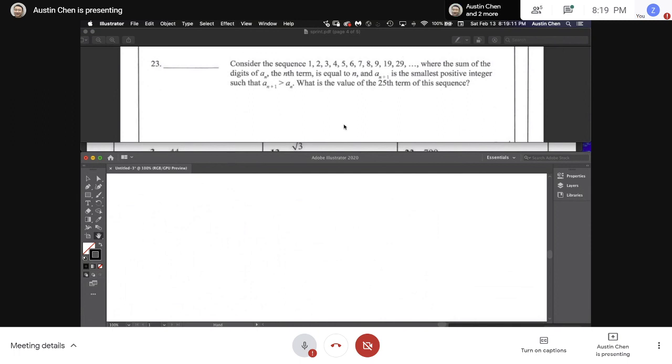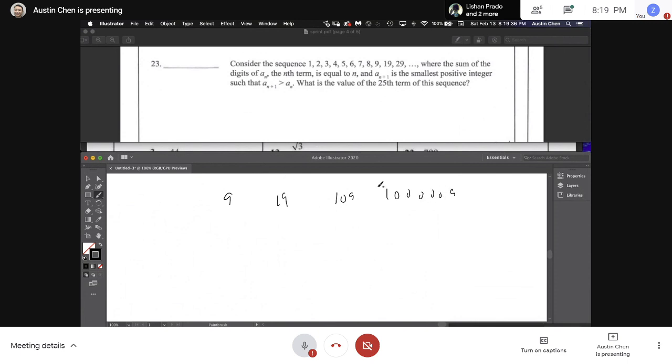Okay, and then the second thing it says is that our sequence is increasing, but we want each term to be as small as possible, while still increasing. So on the 10th term, it can be a ton of stuff, right? It can be 19, it can be 109, it can be 1000009.